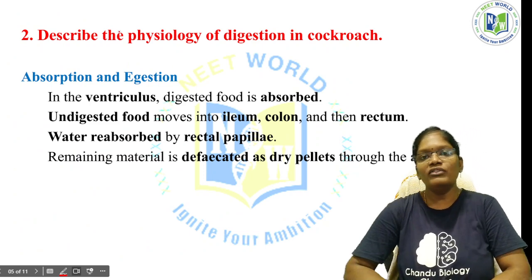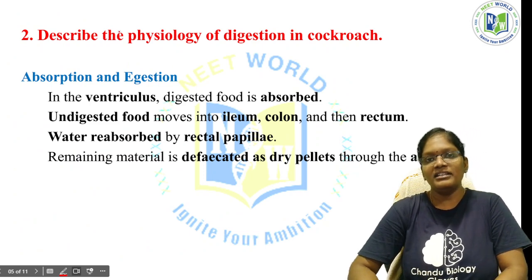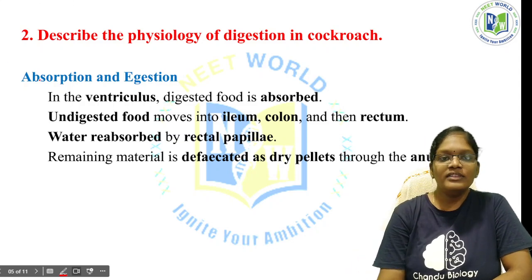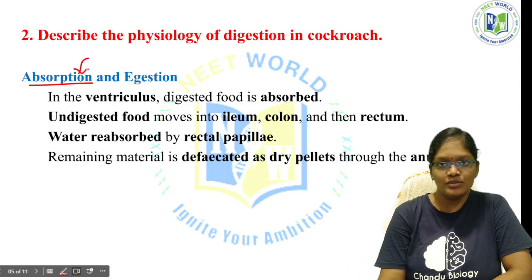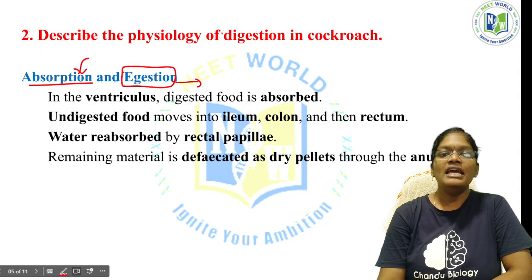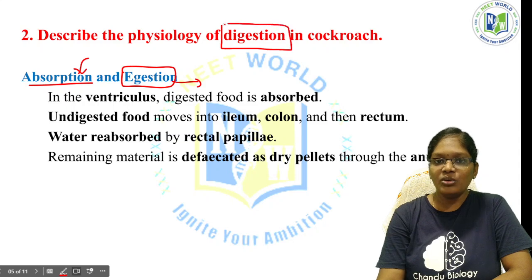Now, after the food has been digested by the enzymes, it has to be absorbed. That is absorption. The undigested food has to be eliminated, and that process is called egestion. Digestion means the breaking down of complex molecules into simpler compounds.